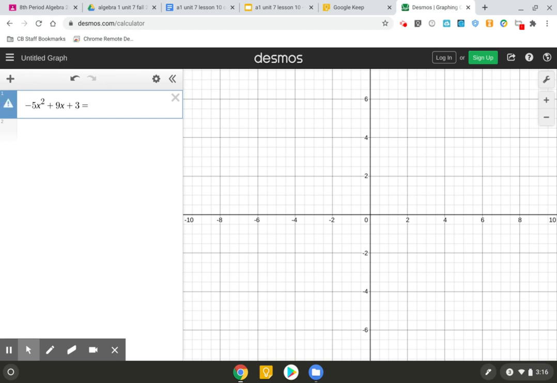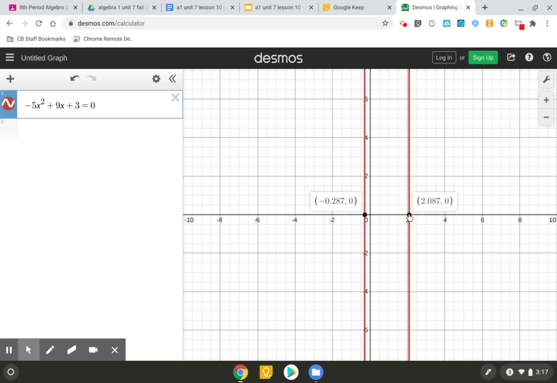And if I put in equals 0, and I look at where the graph crosses the x-axis, I have the solutions. I could literally just click on the graph to get the solutions.